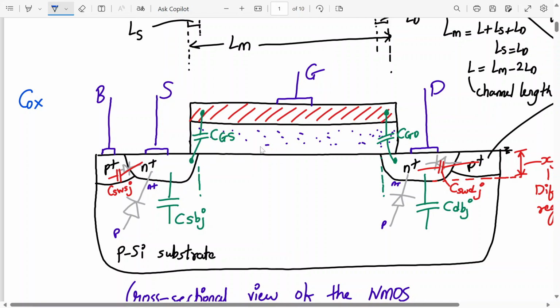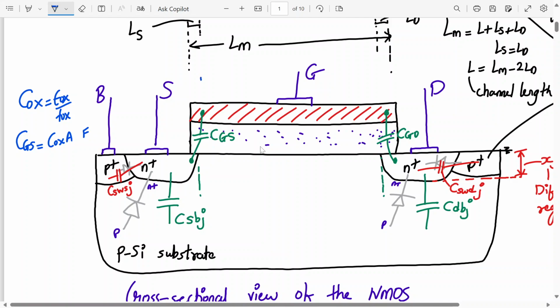So Cox is the gate oxide capacitance given by epsilon ox upon Tox, right? Now we have to determine CGS. CGS is Cox multiplied by area, because it is in farad.